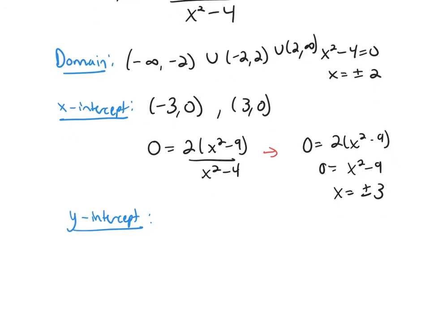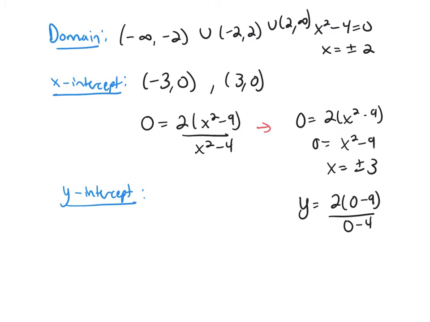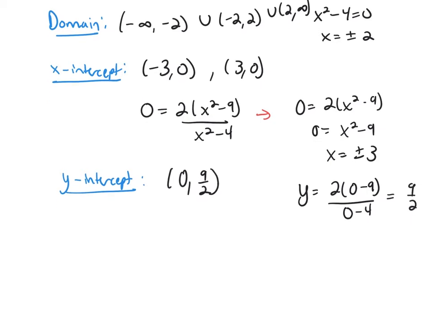So if I plug in x equals 0 into my function, if I simplify that, I should get positive 9/2. So my y-intercept is the point 0, 9/2. So I've got all my intercepts now.